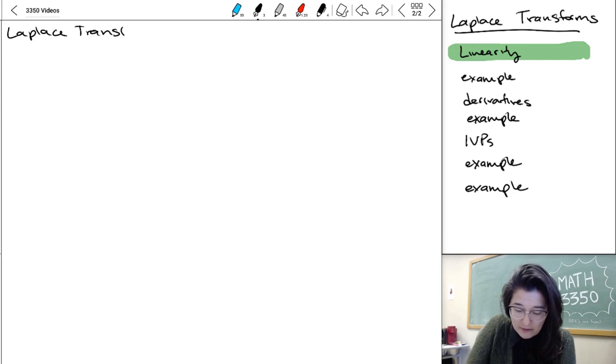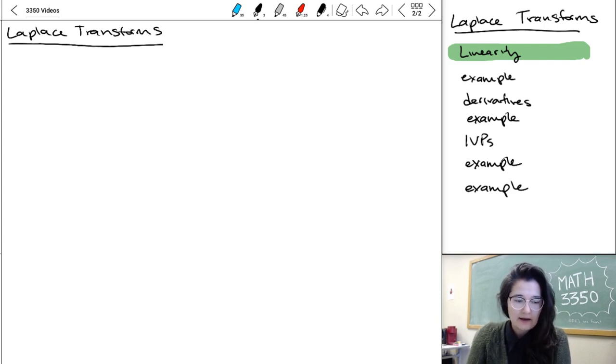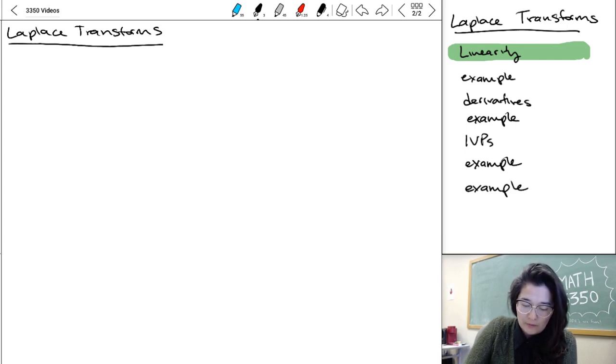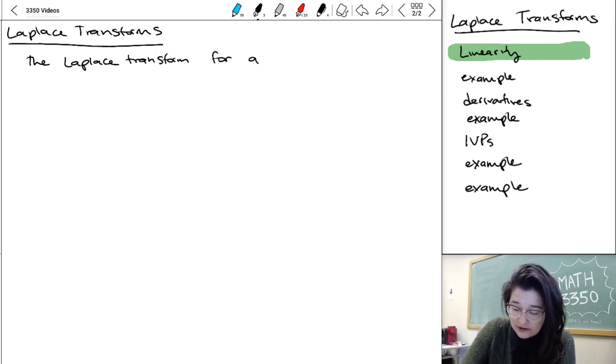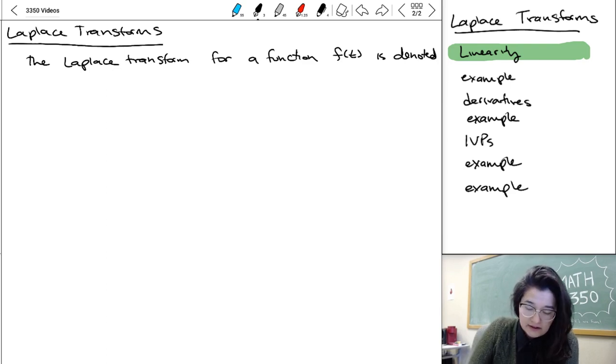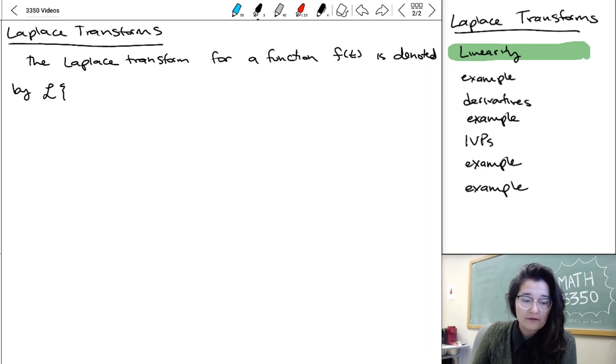So, beginning with some important properties of Laplace transforms, including getting the notation down, we're going to say that the Laplace transform for a function f of t is denoted by L of curly bracket f of t.